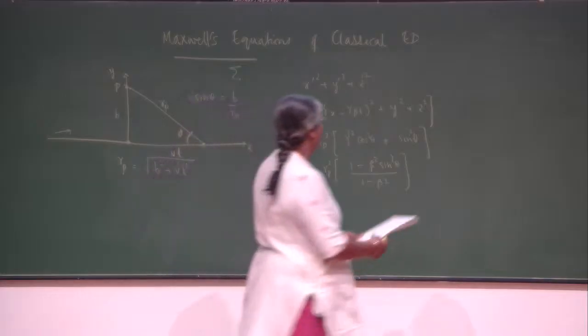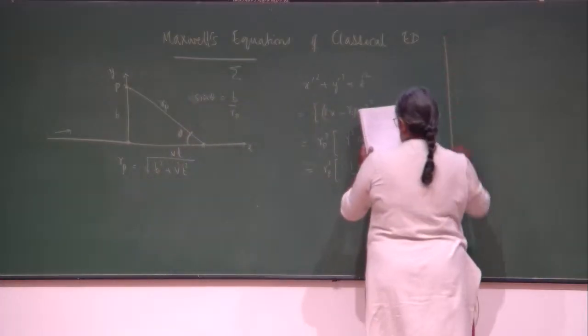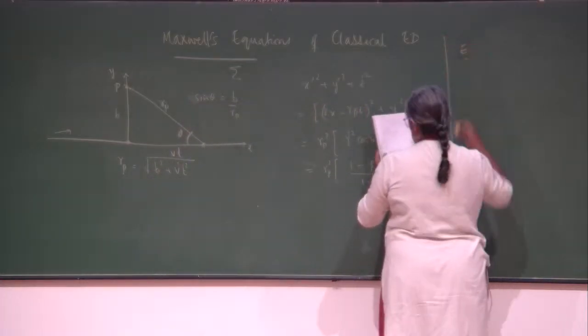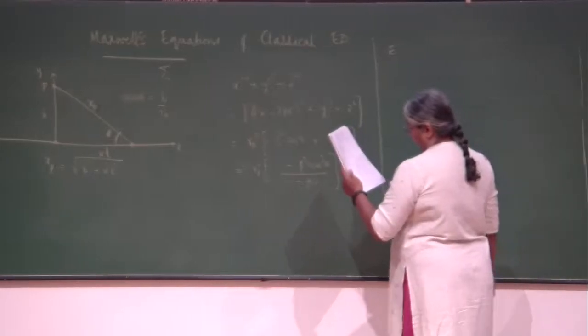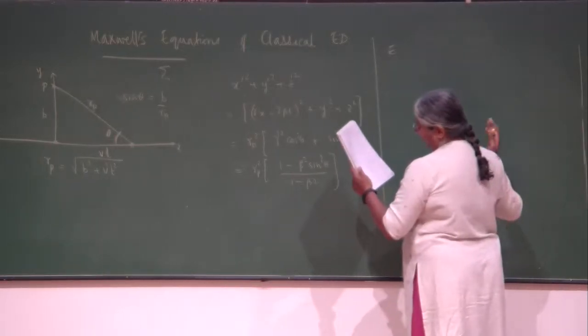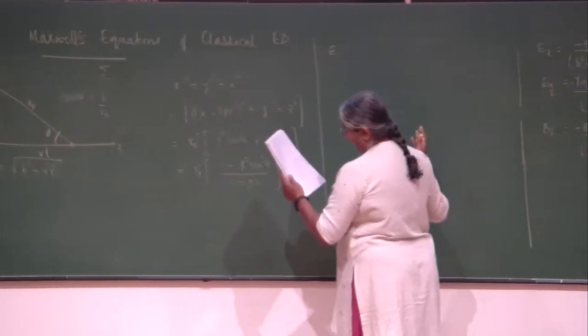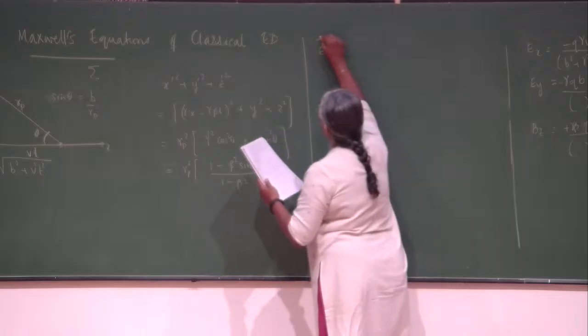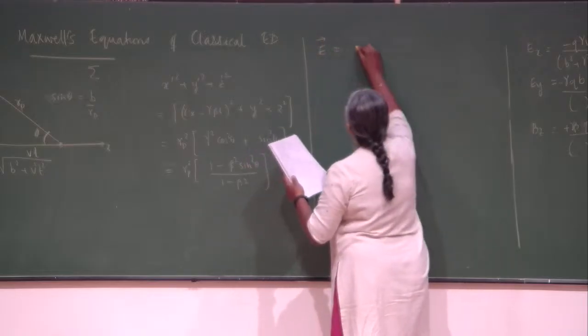So now let me write the fields again in terms of this. So E, I will leave that also, write Ex, write Ey, write Ez, and then write the vector E, so that I don't waste time.